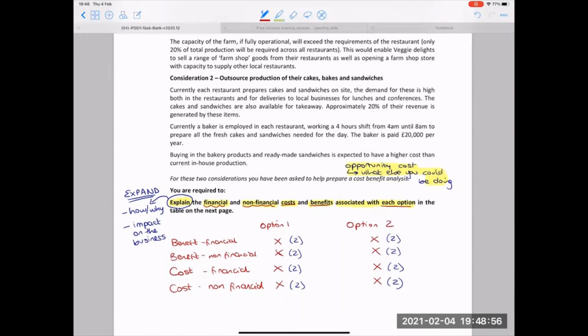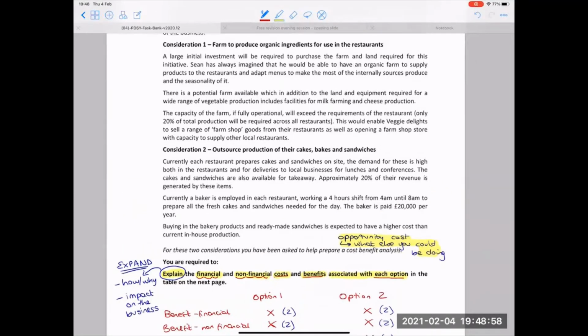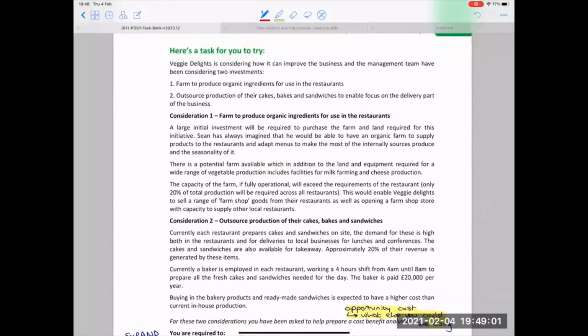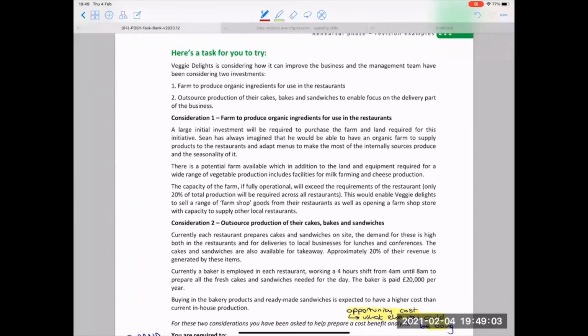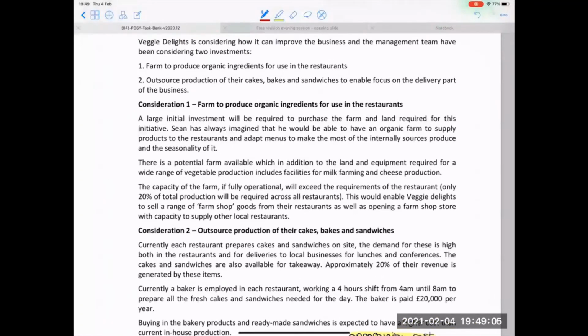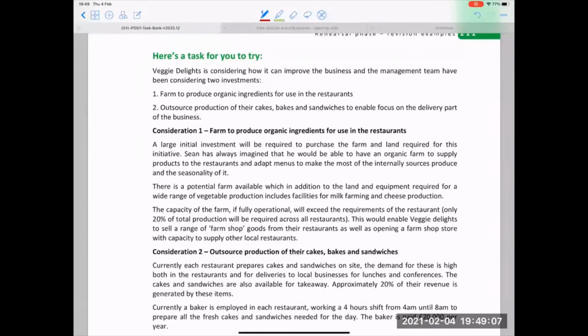Okay. Right, let's have a read of this then. It says, Veggie Delights is considering how it can improve the business, and the management team have been considering 2 investments. Firstly, option 1 is they could have a farm to produce organic ingredients for use in the restaurants.